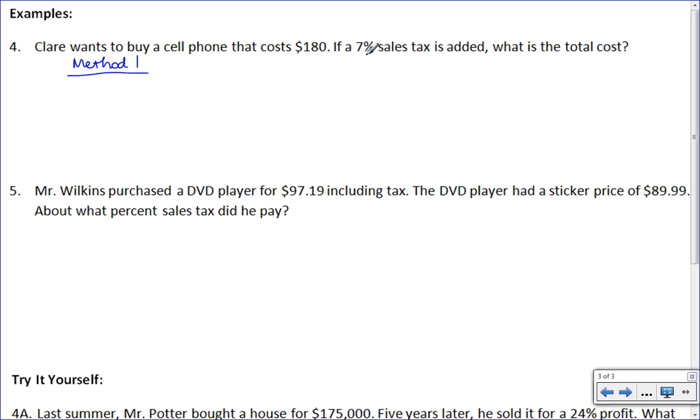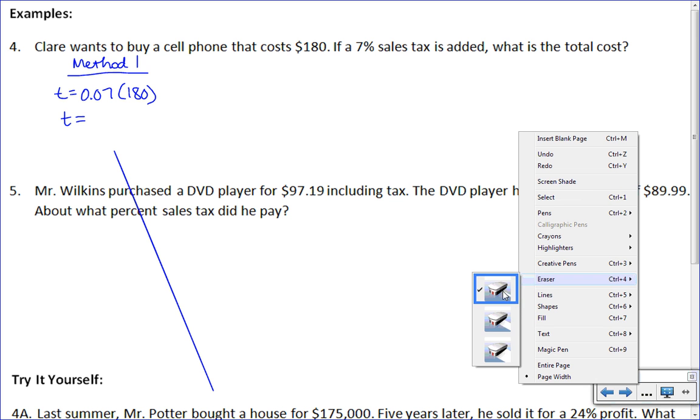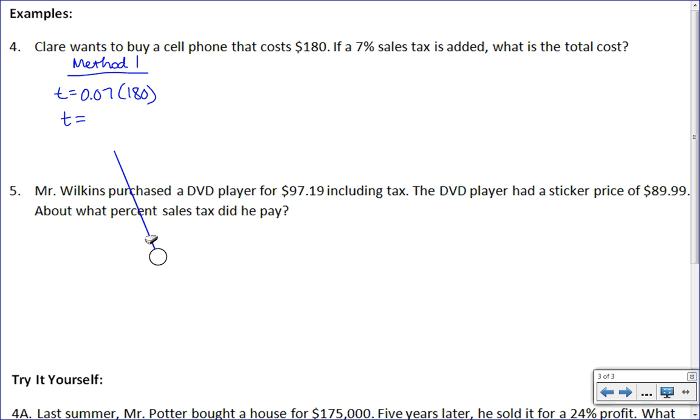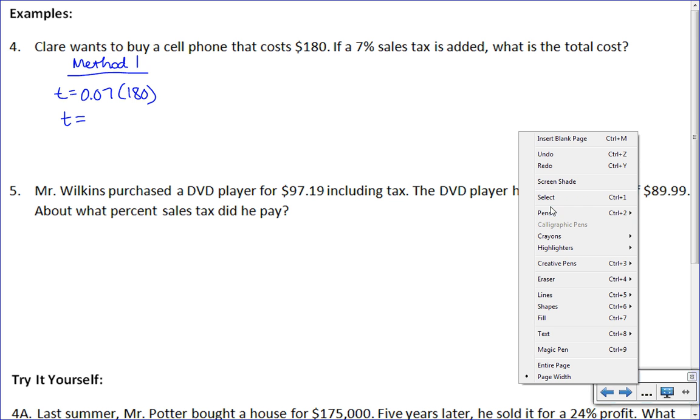So if I were to do that this way, the tax that we're looking for is equal to 0.07, since it's 7%, not 70%, so 0.07 times $180. And 0.07 times 180 is $12.60.